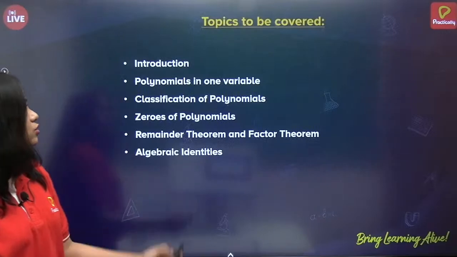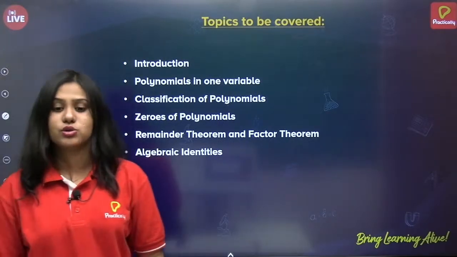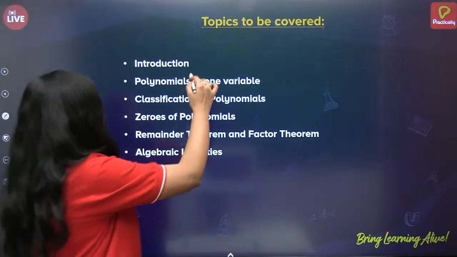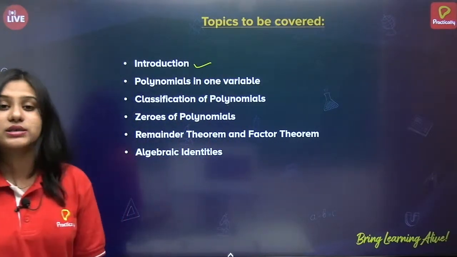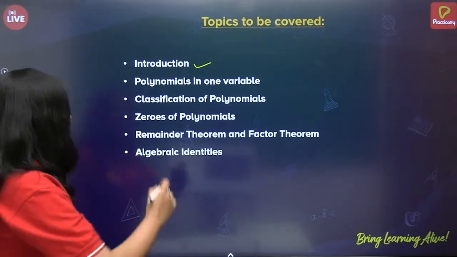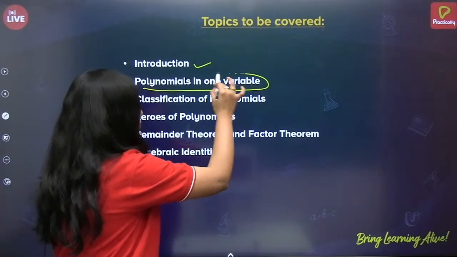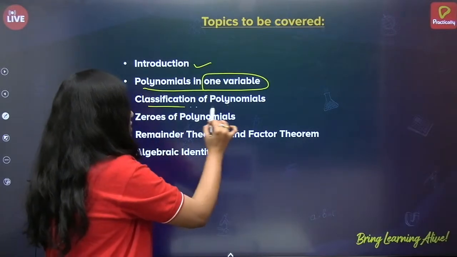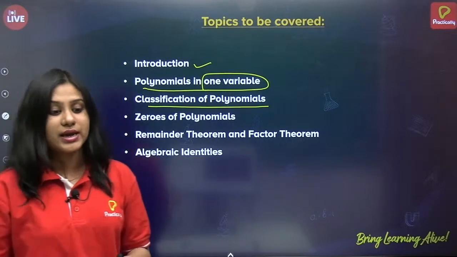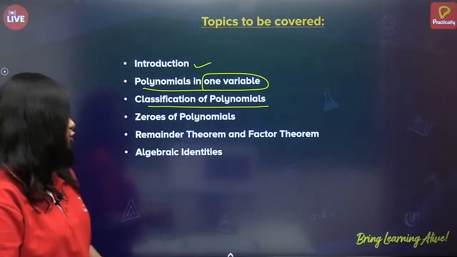Alright, now let's begin the session. Let us see what topics we are going to cover today. We will see the introduction to polynomials, what a polynomial is, and polynomials in one variable. We will see the classification of polynomials, what zeros of polynomials are and how to find them.